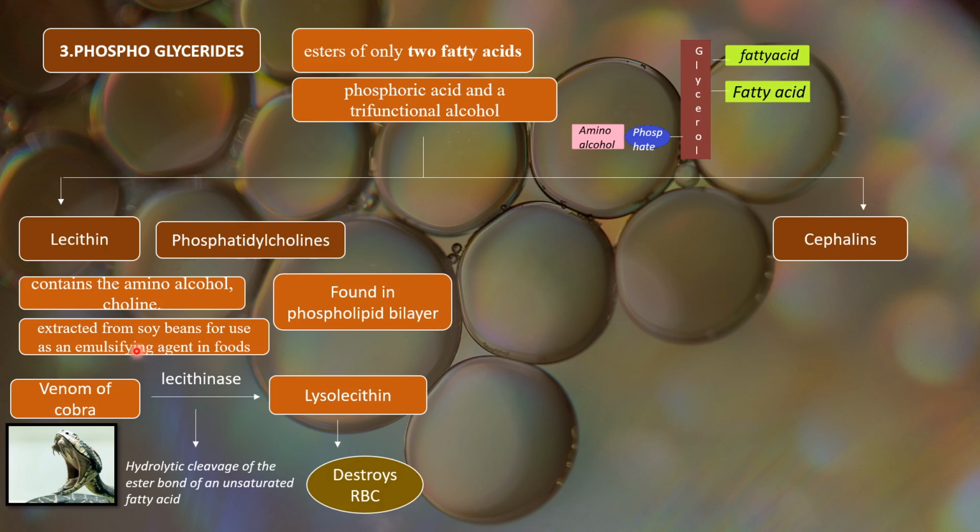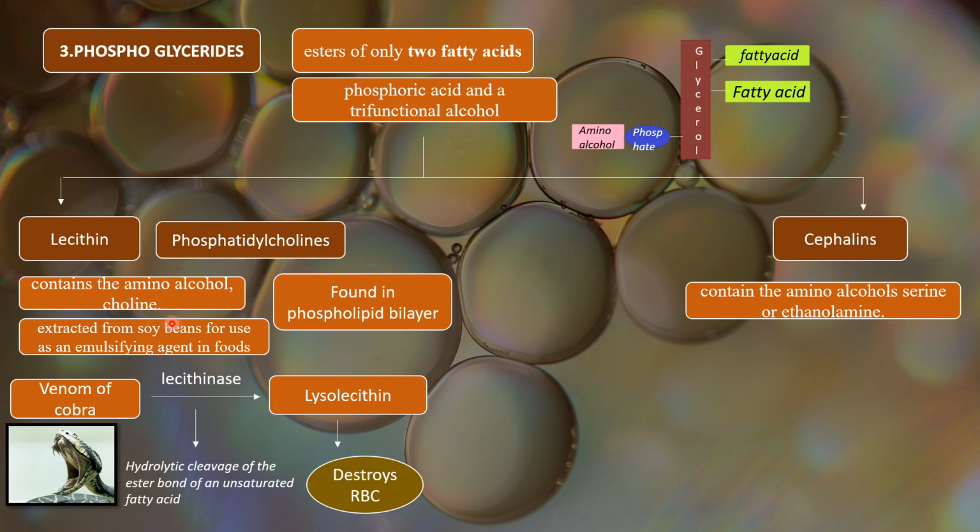and now we move towards the understanding of cephalins. As I told, phosphoglycerides are classified depending upon the amino alcohol. In cephalins, the amino alcohol present is serine or ethanolamine.